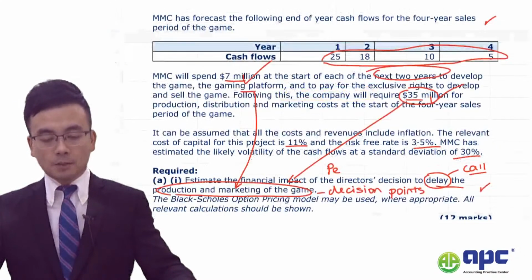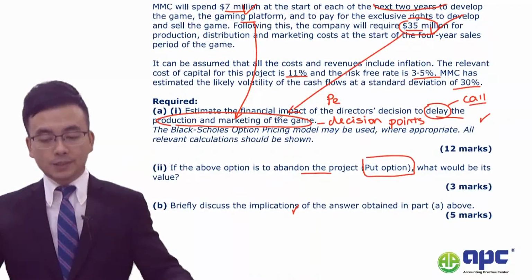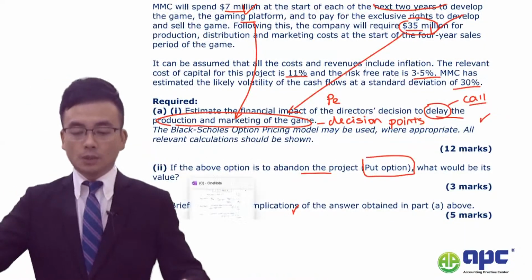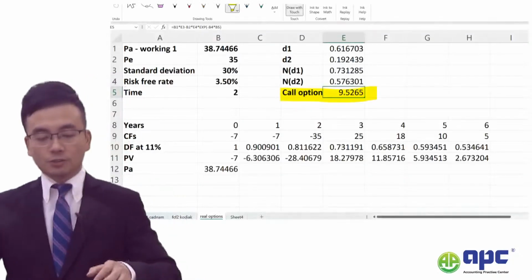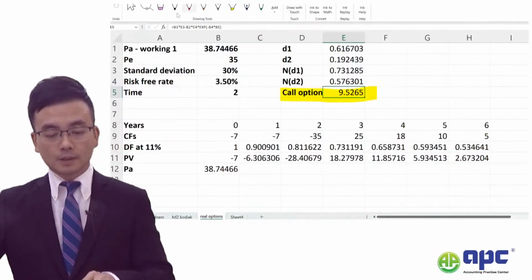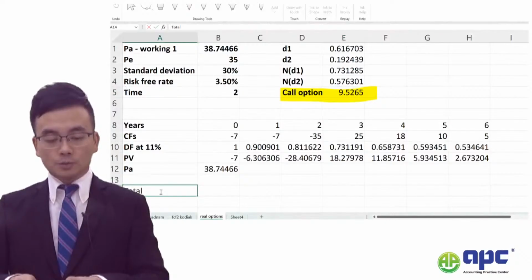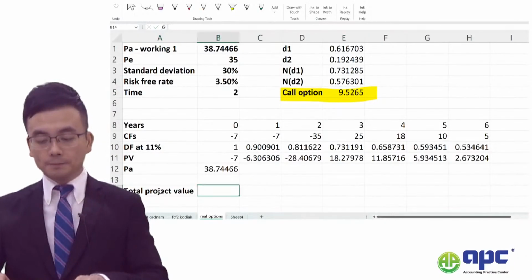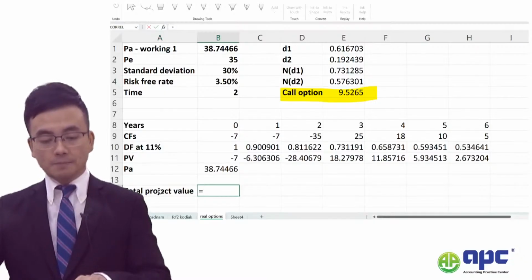Okay, so going back to the estimates of the financial impact, we are saying to the examining team that, in our calculation, the total project value will be equal to, firstly, the project NPV.